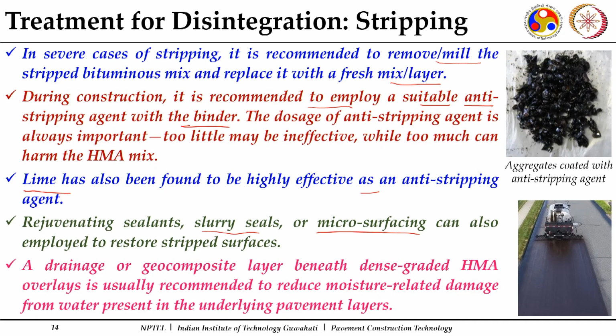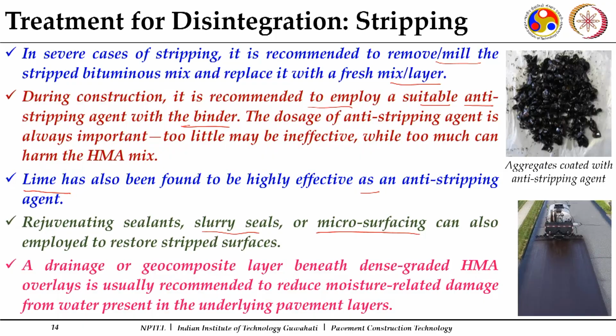And if there is a major challenge with the subsurface drainage, and a structural evaluation is carried out and an overlay is decided, then whenever we go for a dense HMA overlay over an existing pavement with severe stripping, we will prefer to put a layer which can serve as a drainage layer to protect it.